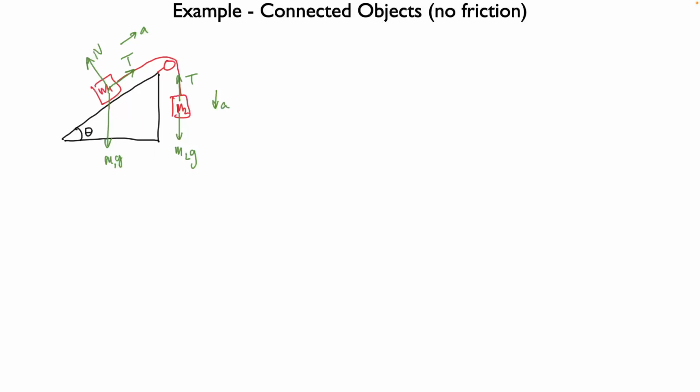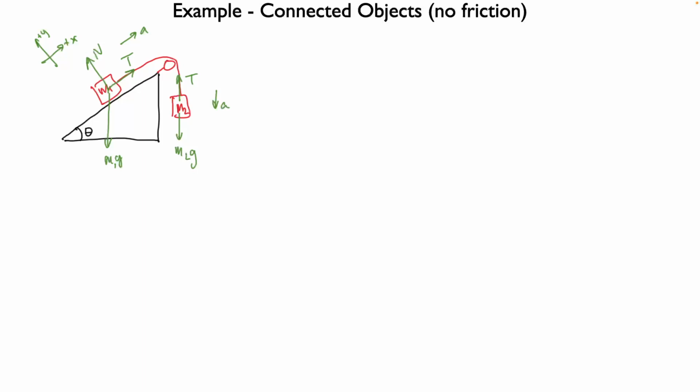What do we do for coordinate systems? What's the rule of thumb? You always make sure one of the directions is positive in the same direction as the acceleration. So for mass number 1, I'm going to call up the slope positive x, and therefore away from the slope, I'll call positive y.